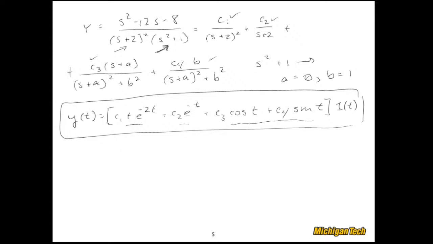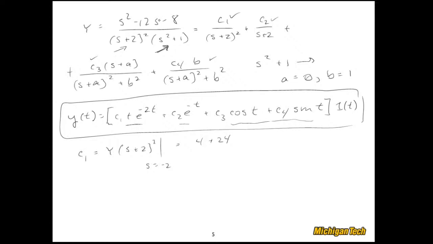But to be complete, we should figure out what C1, C2, and the rest of them are. So let's go after C1 first. C1 is equal to our original Y times (s plus 2) squared, and then you let s equal negative 2. So we get 4 minus 12 times negative 2, so that's plus 24.